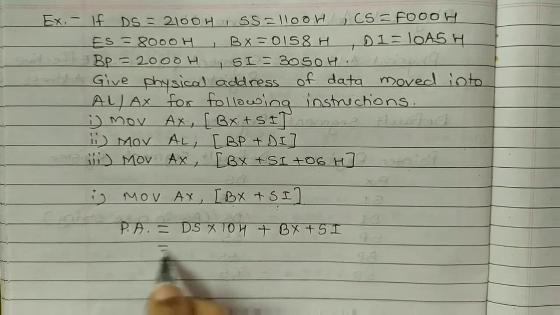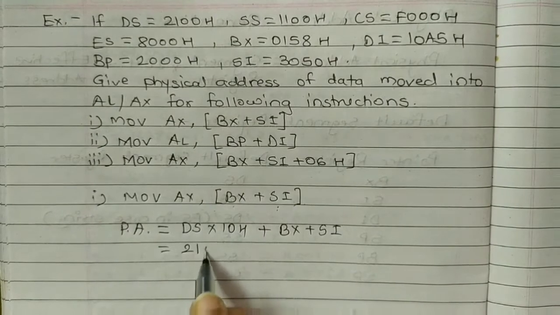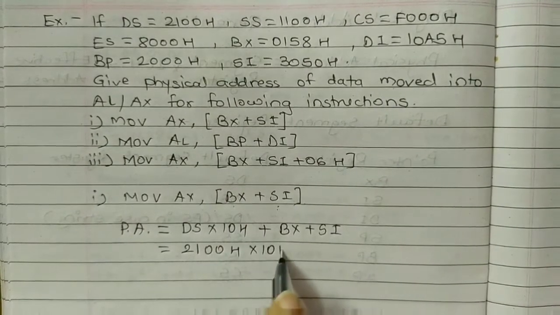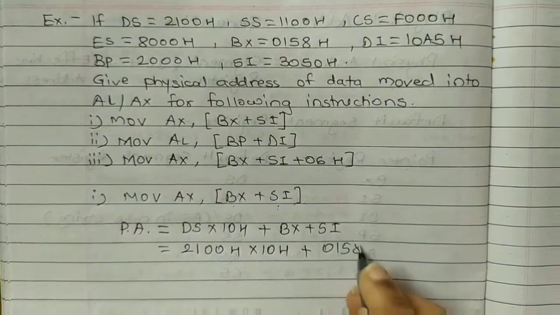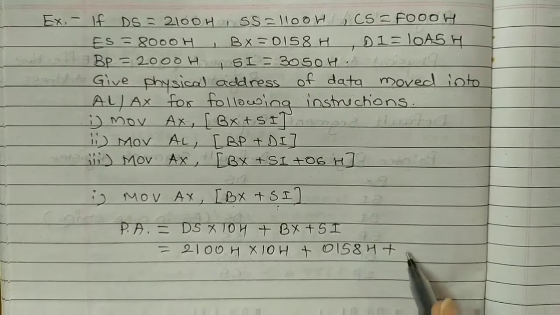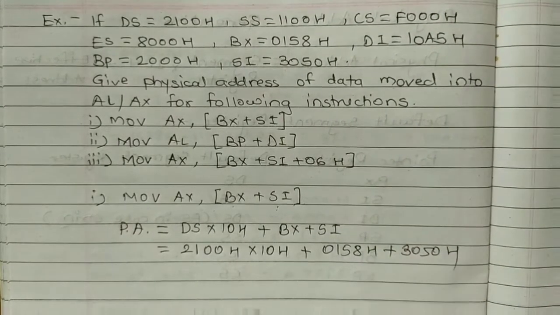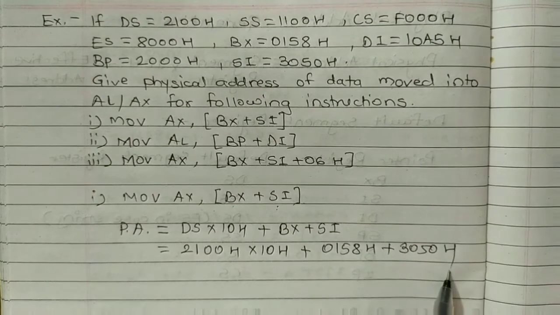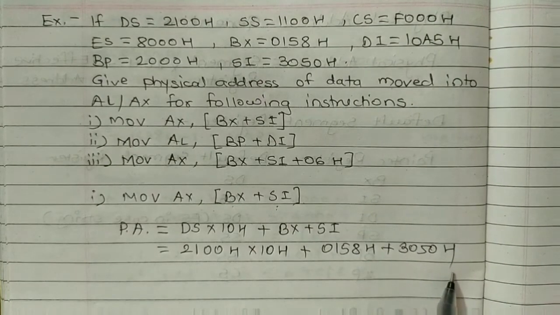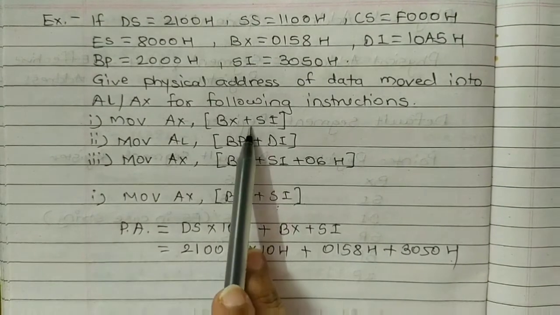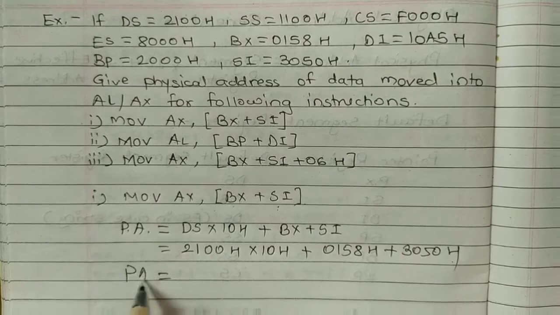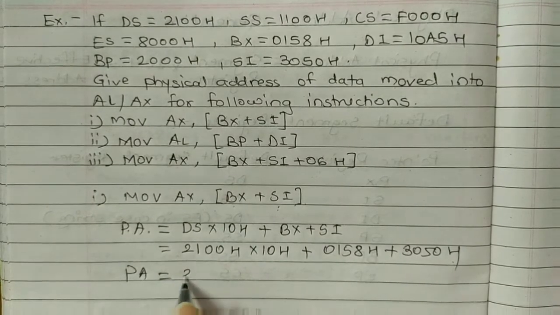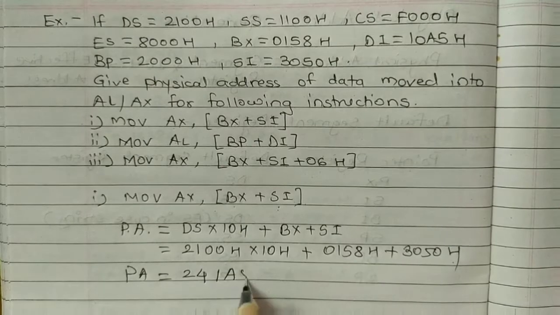DS is 2100H into 10H plus BX is given as 0158H plus SI is given as 3050H, and by adding this we'll get the total physical address from where the contents are moved to AX register, which equals 241A8H.